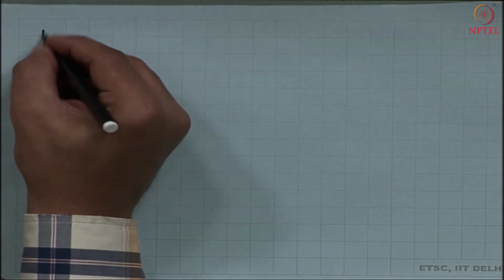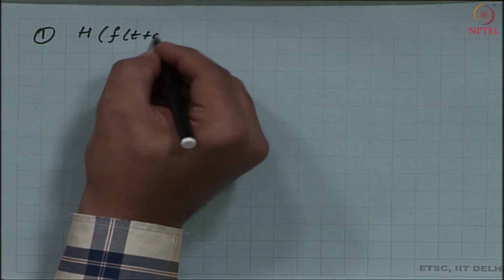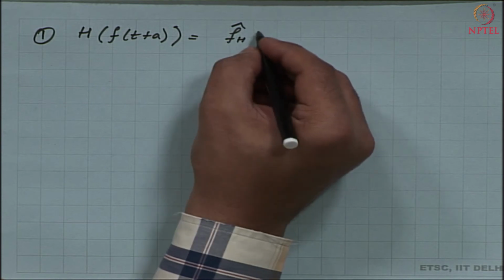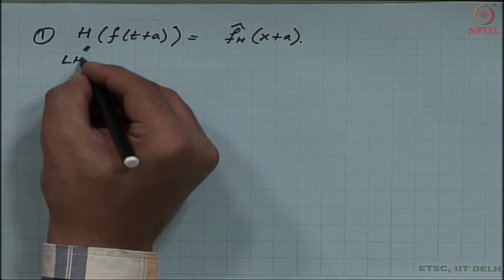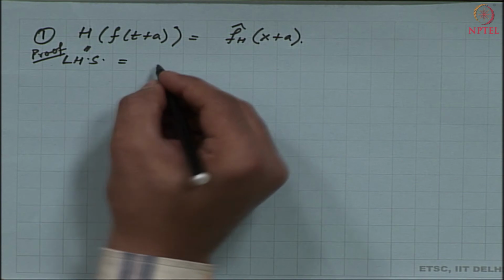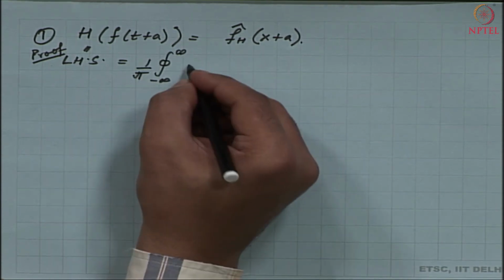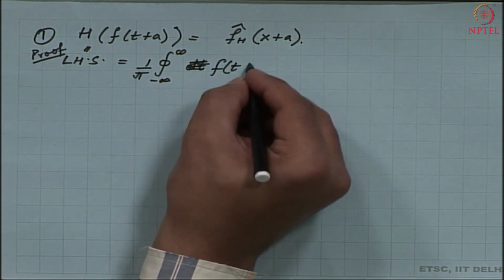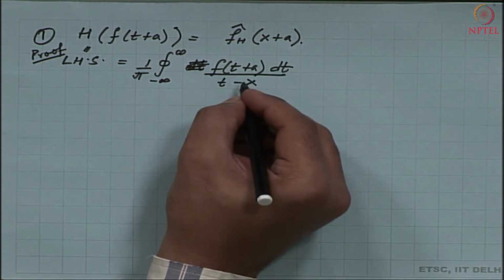So, the first property shows that the Hilbert transform of f of t plus a is the Hilbert transform evaluated at x plus a. Notice that the left hand side is given by the Cauchy principal value integral of 1 by pi times f of t plus a dt divided by t minus x.